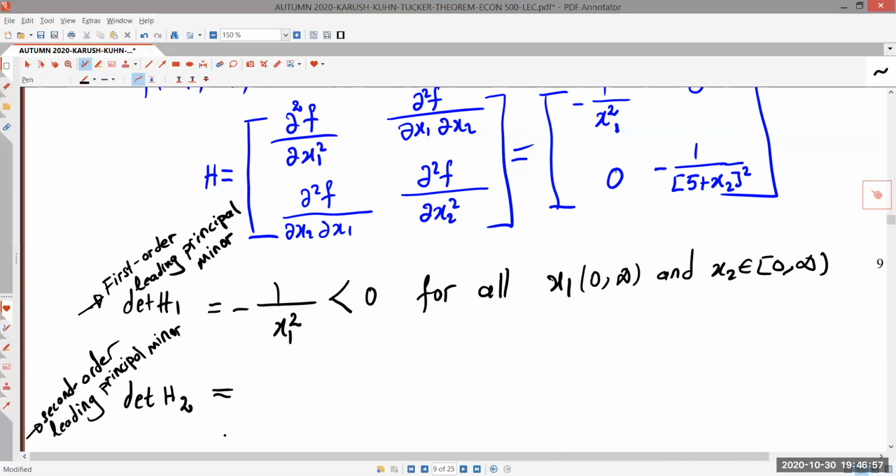And now that one is equal to basically the determinant of the matrix itself, and that determinant is equal to this. Check whether this is true. Bunun doğru olup olmadığını bir kontrol edin.